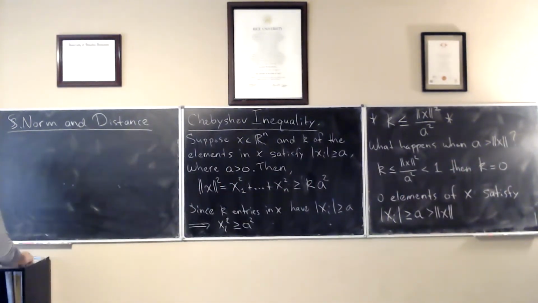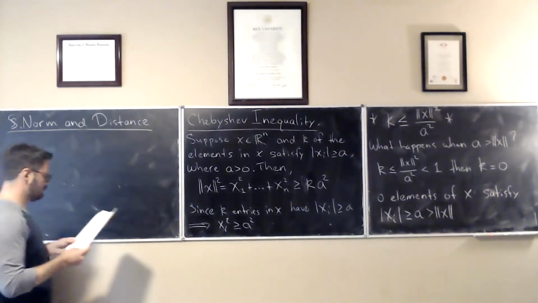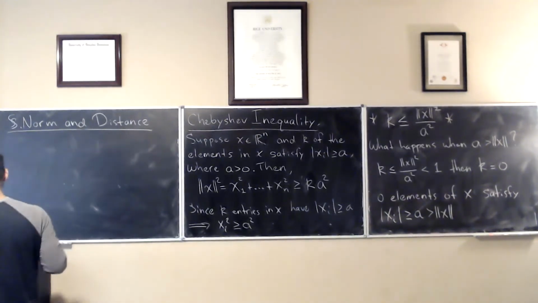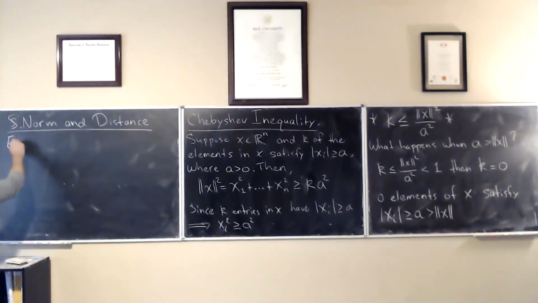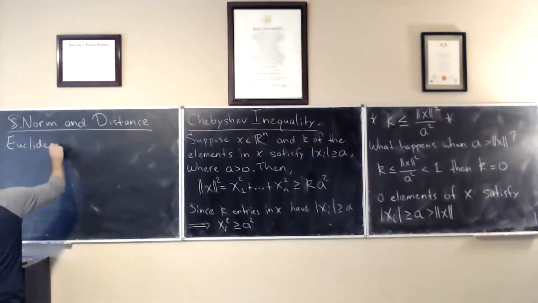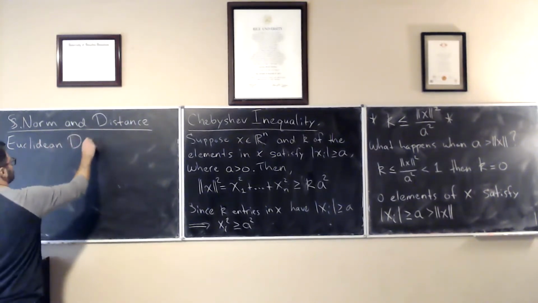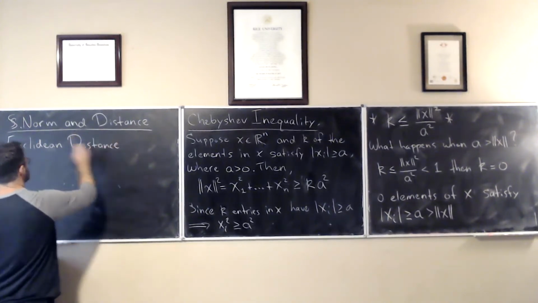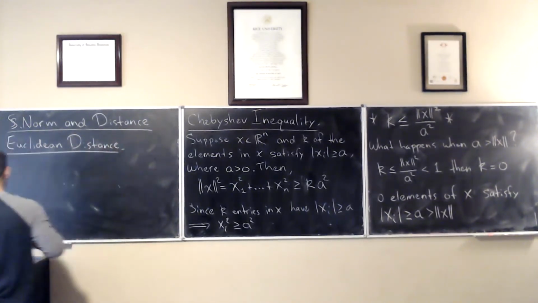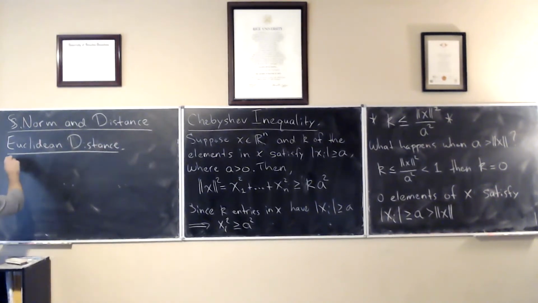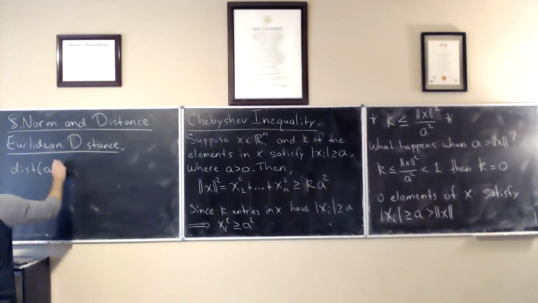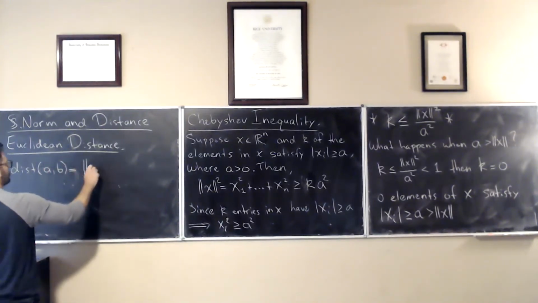Okay. So now let's move on to distance. Euclidean distance. Okay, so this is defined as the following. The distance between n-vectors a and b is equal to the norm of the difference.